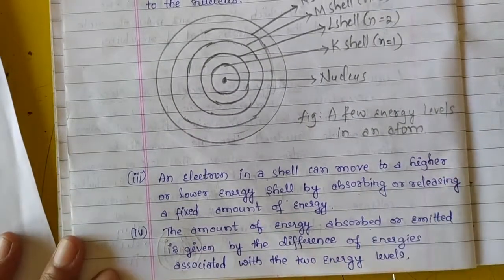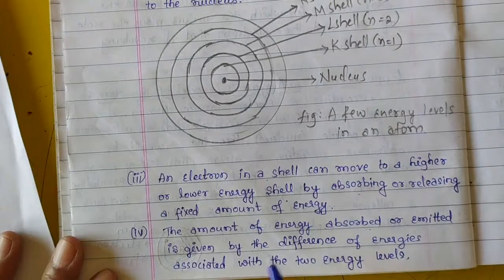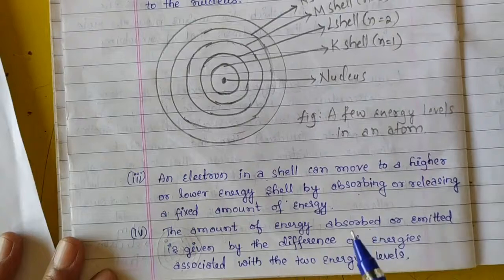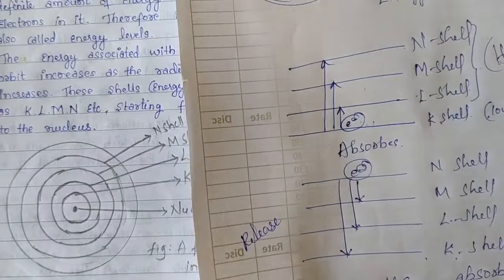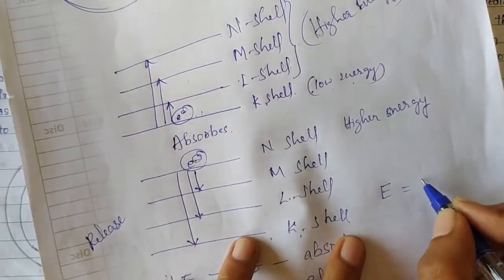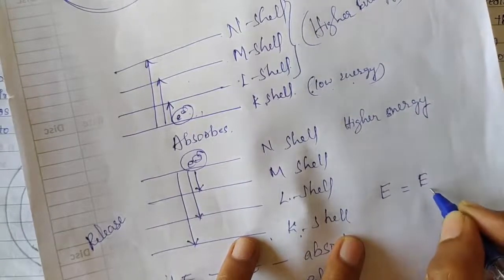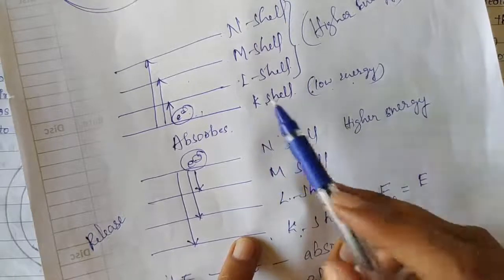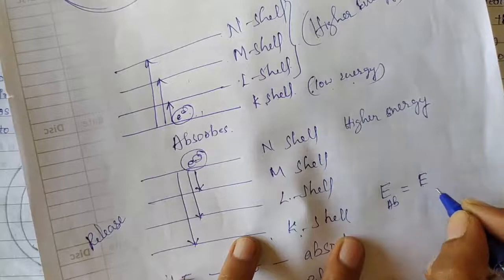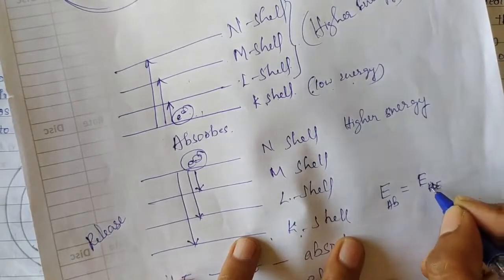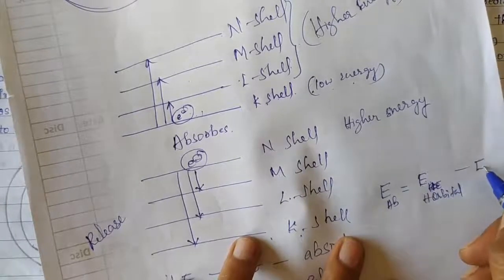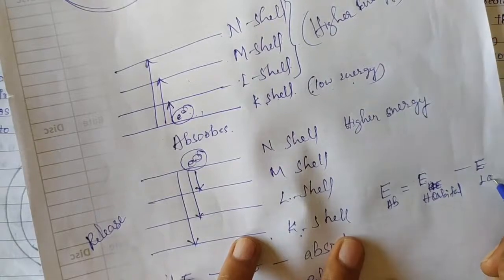So to calculate the energy absorbed or emitted, we have to subtract the energy of the initial level from the final, or the energy of the higher orbital and the energy of the lower orbital.